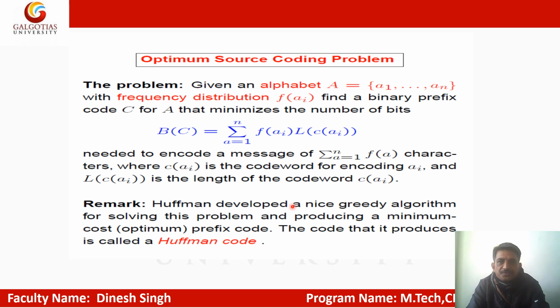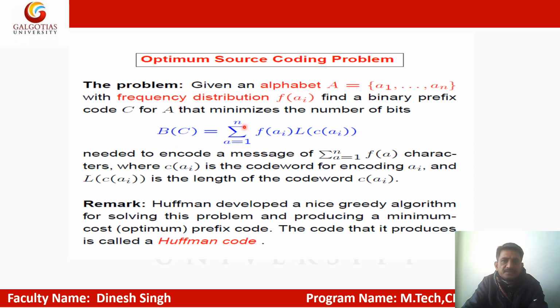Optimum source coding: given an alphabet A, which is A1 to AN, with frequency distribution F(Ai), find the binary prefix code C for A that minimizes the number of bits.